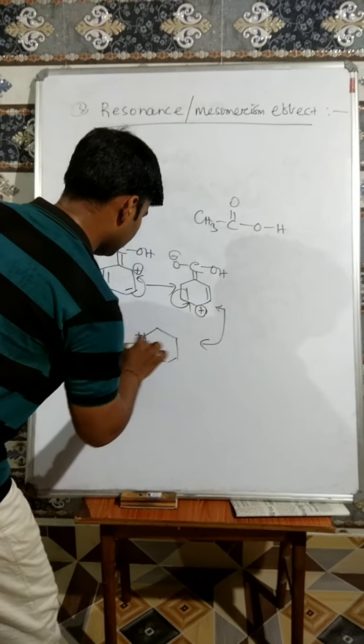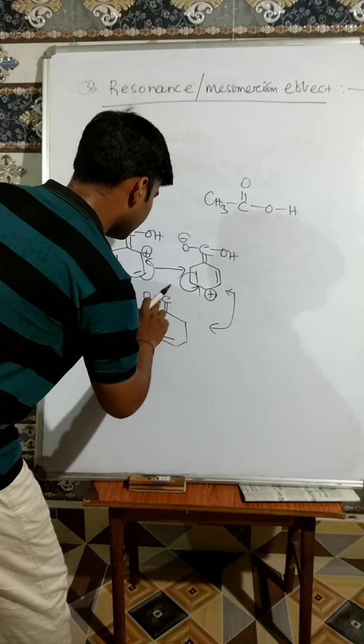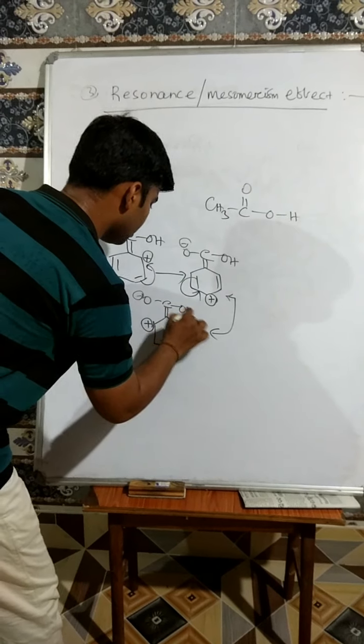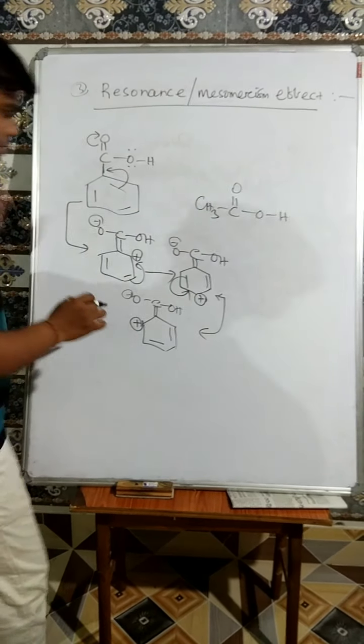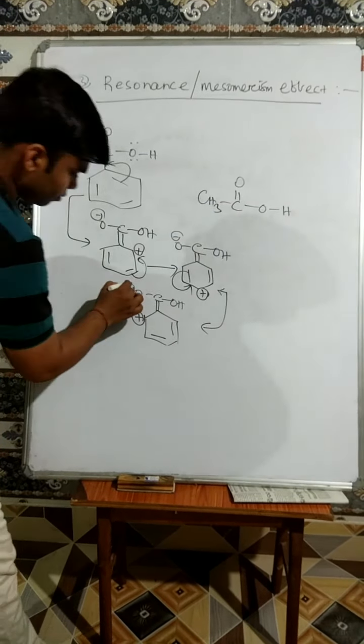So here plus, and here C double bond O negative and OH, and here also another double bond, and now it comes back and we get the original structure, that is C double bond O.